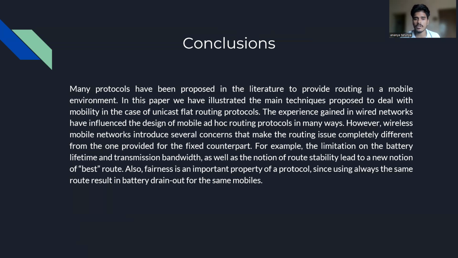However, a wireless mobile network introduces several concerns that make the routing issue completely different from the one for the fixed counterpart. For example, the limitation on battery lifetime and transmission bandwidth, as well as the notion of route stability, leads to a new notion of a best route. Also, fairness is an important property for a protocol, since always using the same route results in the battery draining out for the same mobile node.